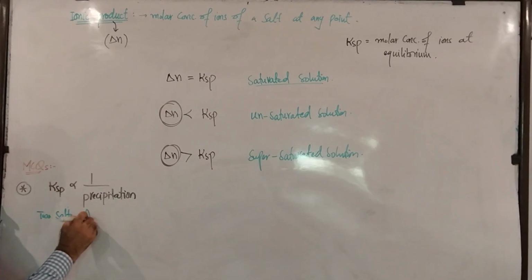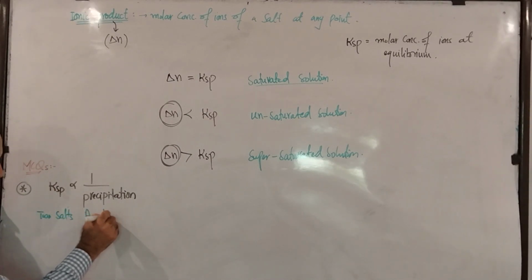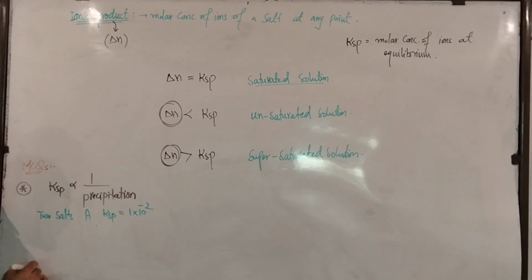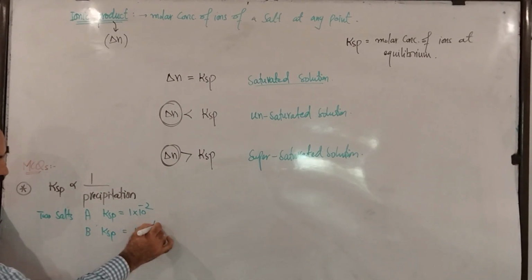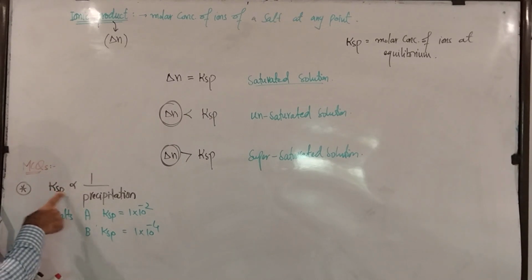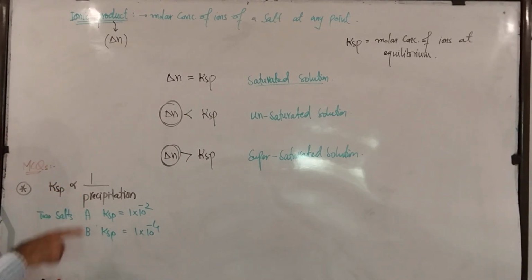Sparingly soluble salt A has a KSP value of 1×10^-2, and there is a salt B which has a KSP value of 1×10^-4. The question states which salt will be easily precipitated. So the point is, the KSP and precipitation are inversely related to one another.